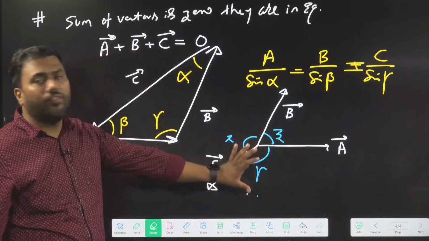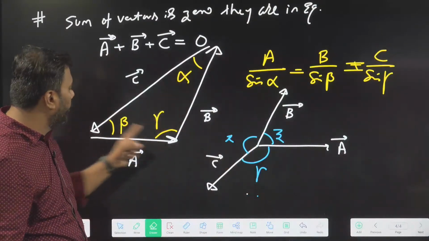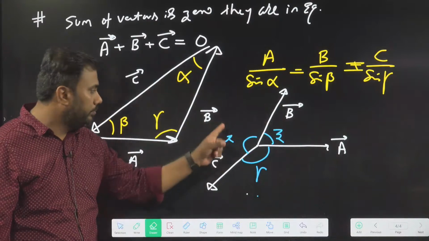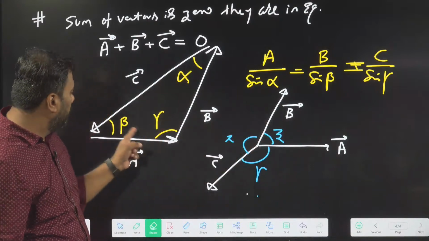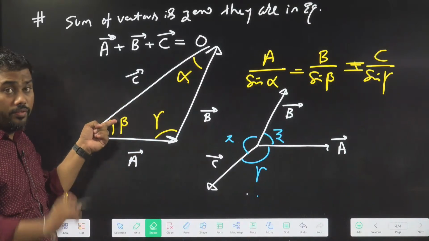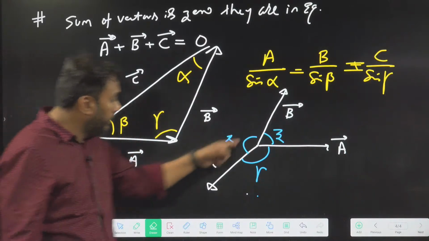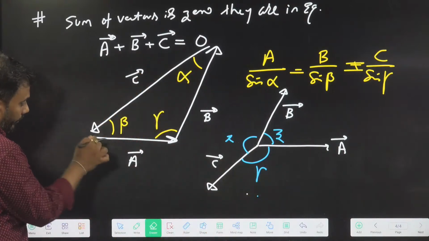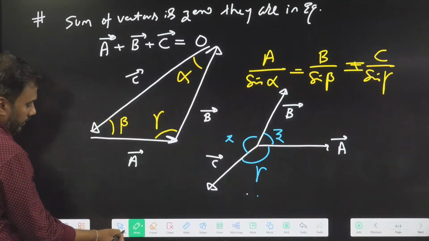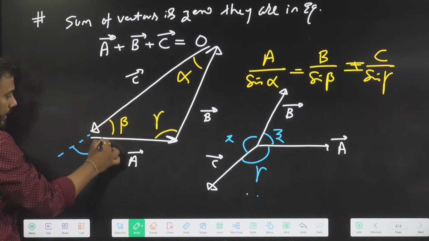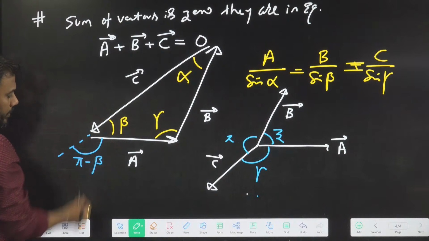Why am I not taking alpha, beta, gamma? Because alpha, beta, gamma I have used here, so I am using different letters, because these are different angles. This beta is not the angle between A and C. Actually, if you observe, this is your C vector, this is your A vector, and the angle between A and C is pi minus beta.